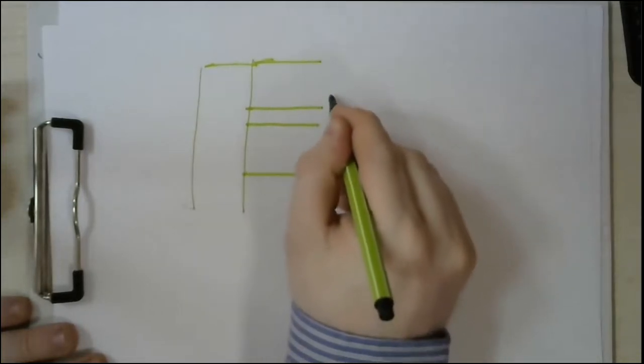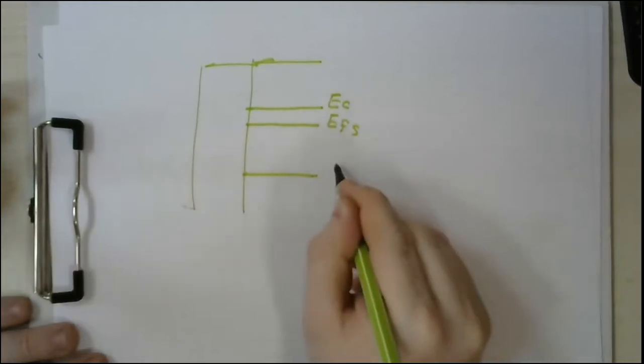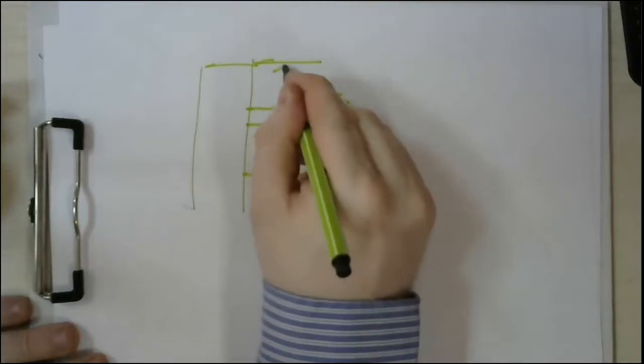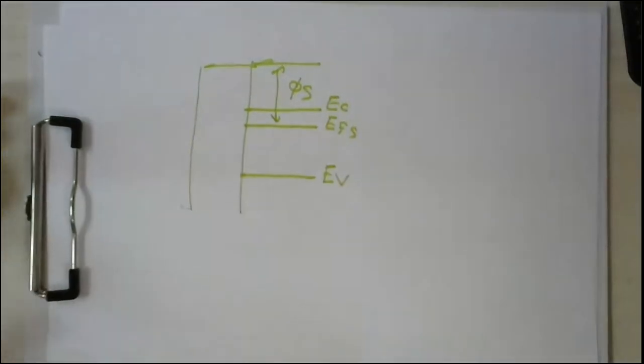This is EC, this is EFS, and this is EV. As we mentioned, this distance is phi s, or the semiconductor work function. So this is the semiconductor side.